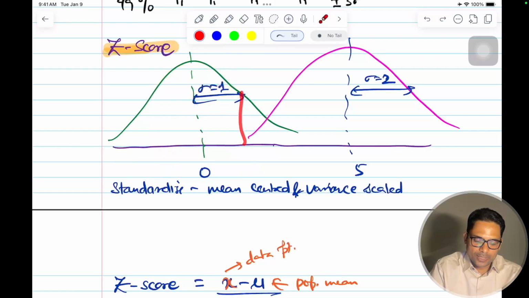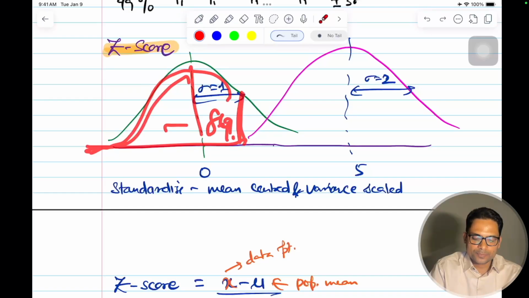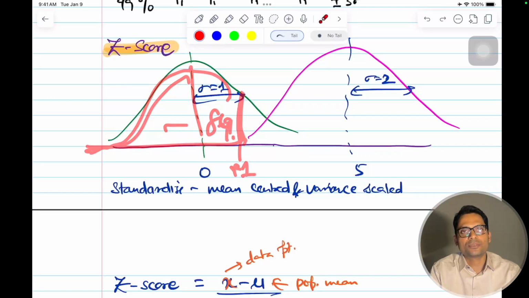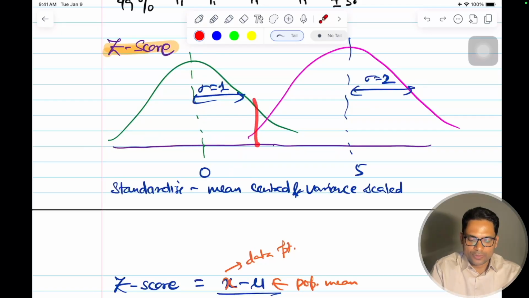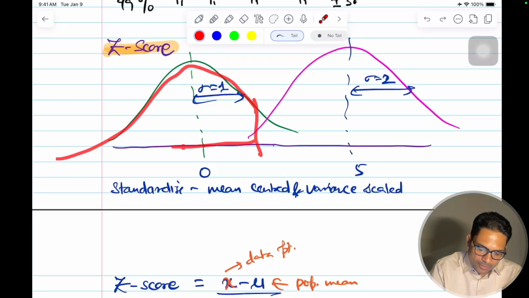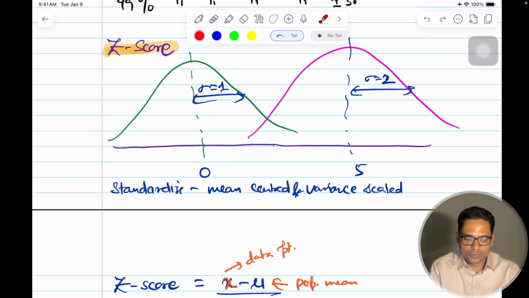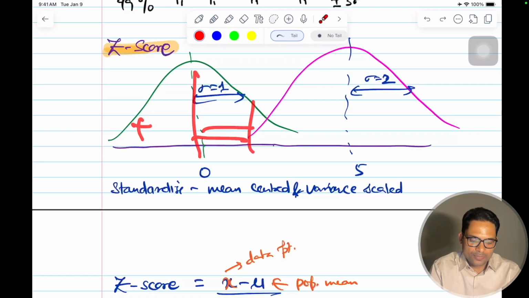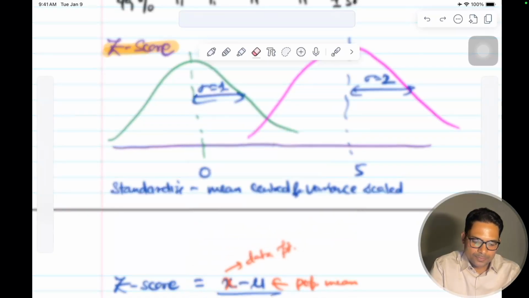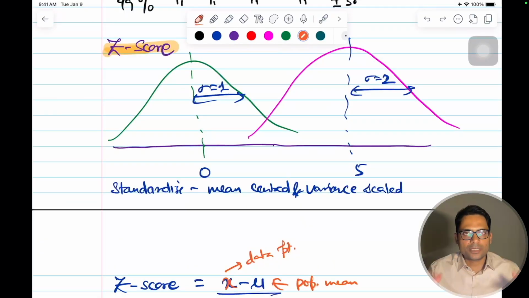And if I take the complete thing, then this is 34 here, this is 50 here, 50 plus 34, 84% at +1 standard deviation, if I take everything to the left of this. So this is 34 after 0 and 50 remaining, because this is a symmetric curve.